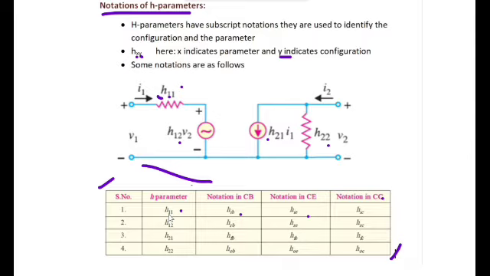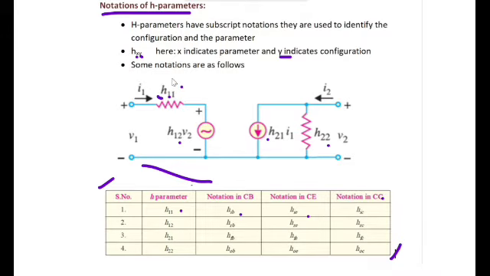In h11, the first subscript identifies the parameter, this is input impedance, so i, and the second subscript identifies the configuration, b, that is common base. In common emitter configuration it is e, and in common collector configuration it is c. So this is about the notations, this is how we will notate the h parameters.